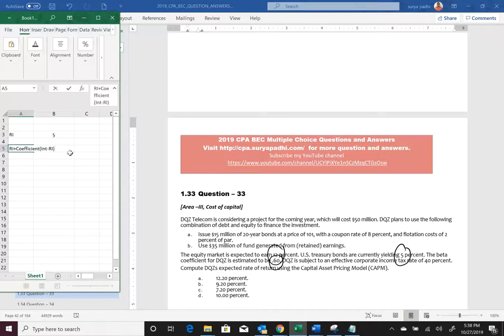If we solve this equation, it will give us the cost of capital under the capital asset pricing model.